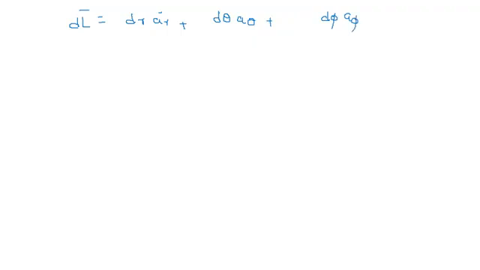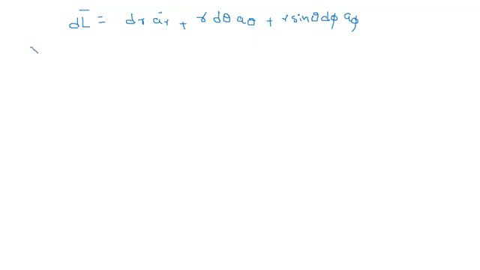Similarly, in the Cartesian coordinate system we take x, y, z, but here it is r, theta and phi. There is one small change which I always tell you: in the spherical coordinate system there will be r, and here there will be r sine theta. Whenever you are converting from rectangular to spherical coordinate systems, the equation will be something like this.